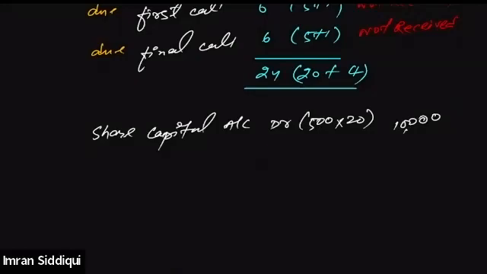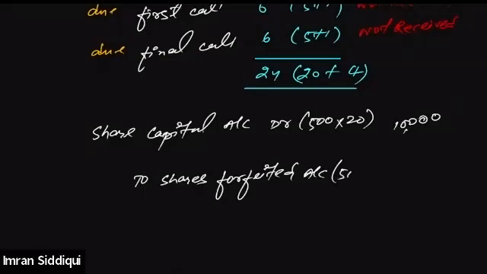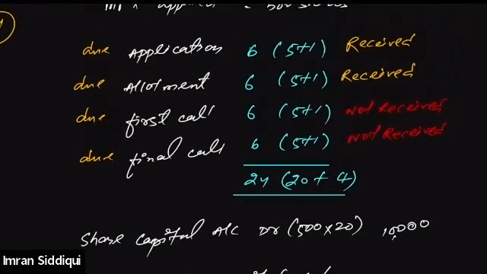Okay. Then we'll write down 20 into 500. Shares forfeited account: the company will be able to forfeit the amount that he has already paid, excluding premium. What amount has he already paid?